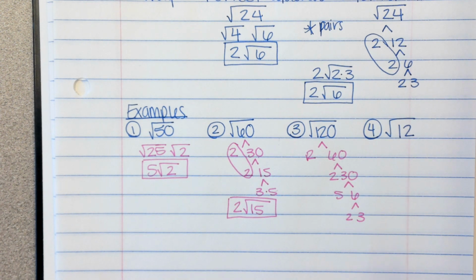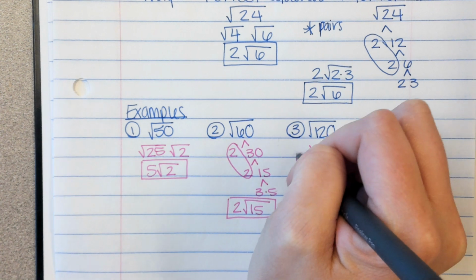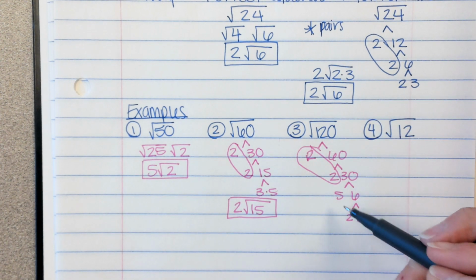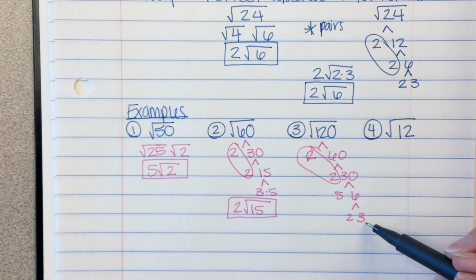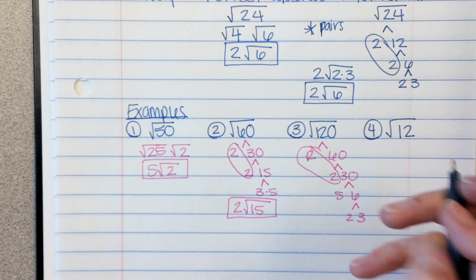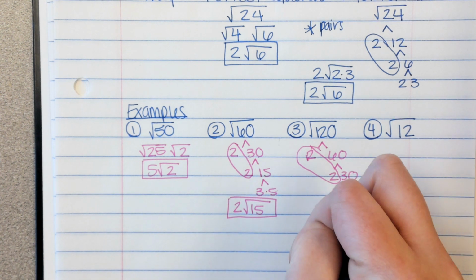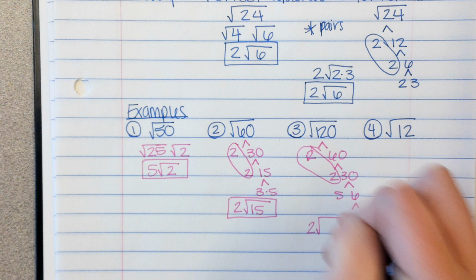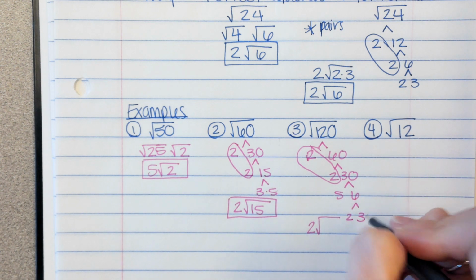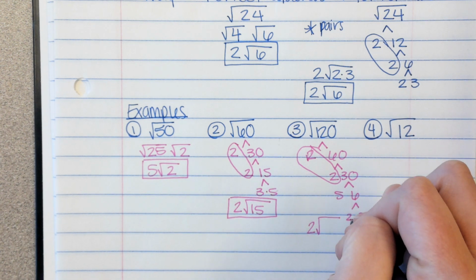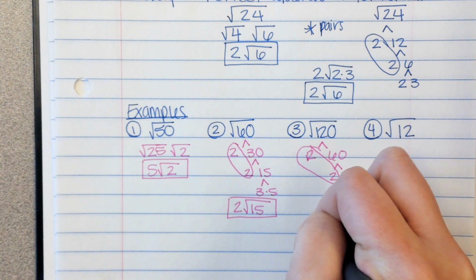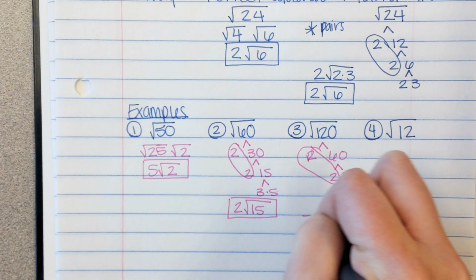Okay, so I'm going to look for pairs. So here I have a pair of 2's, and then I have a 5, a 2, and a 3. None of those have a pair, so I'm going to bring 2 on the outside. On the inside, I'm going to have 5 times 2 times 3. So 5 times 2 is 10. 10 times 3 is 30. So 2 square root of 30.